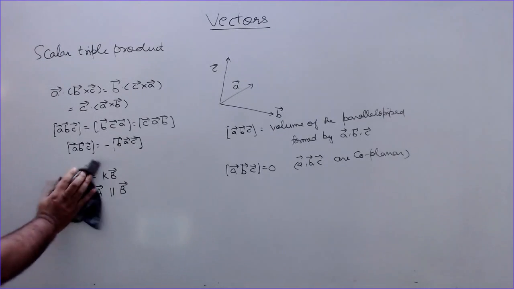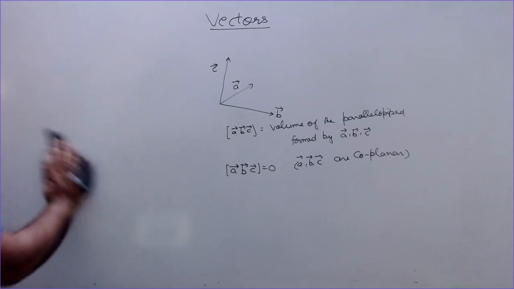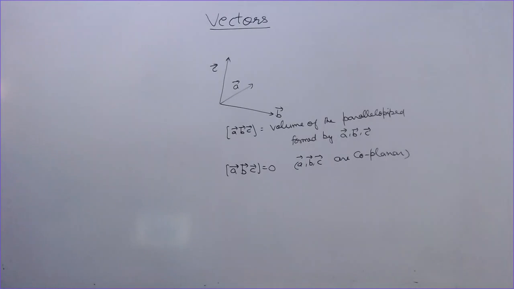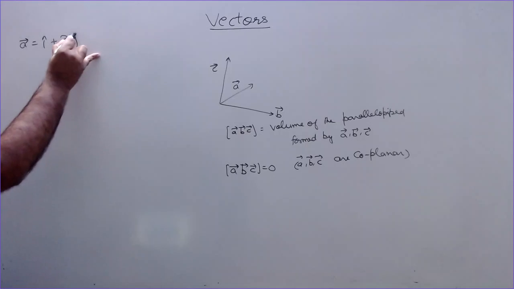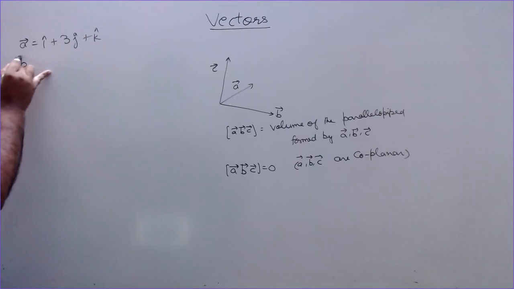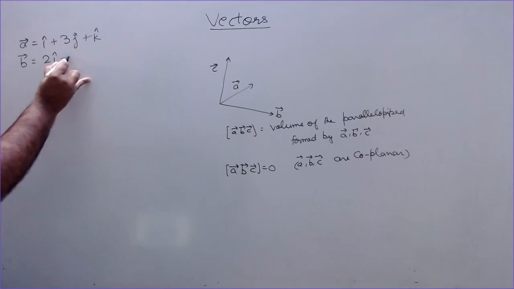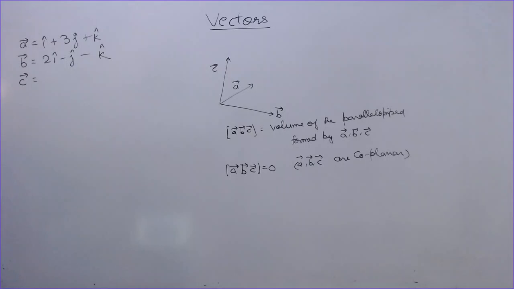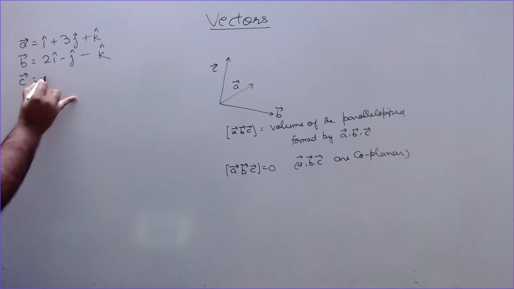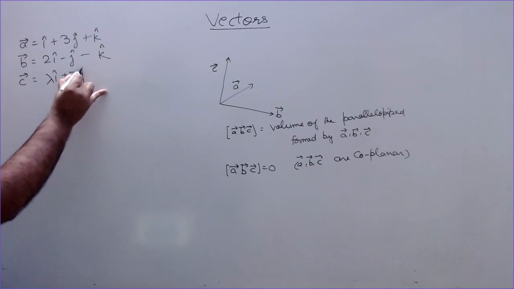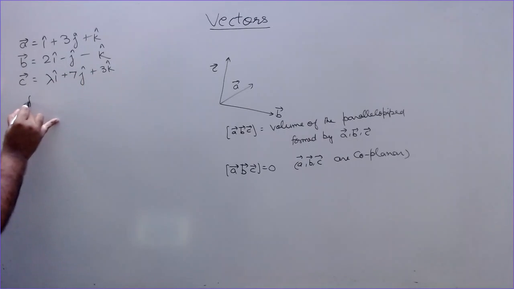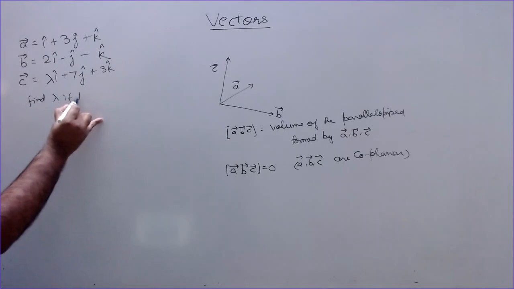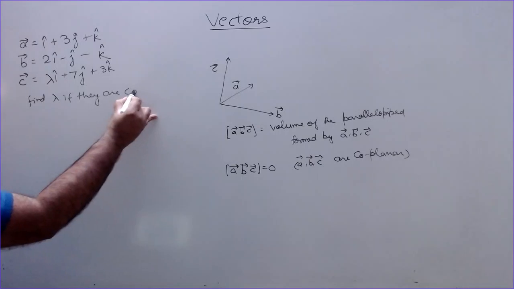We have three vectors A, B, C given by, and we have to find lambda if the vectors are coplanar.